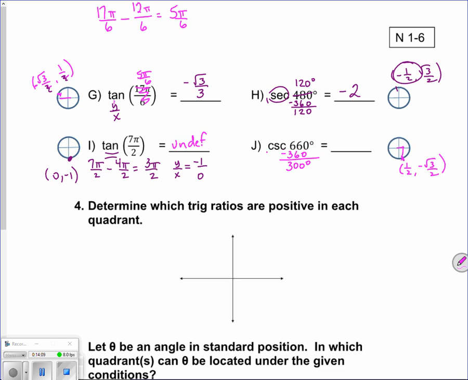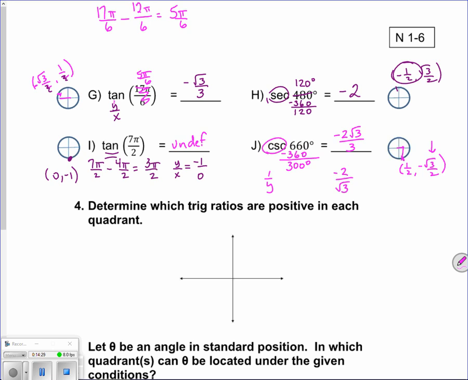And so cosecant is 1 over y, so that means flip this guy. Negative 2 over square root 3. Let's rationalize, and we get that.